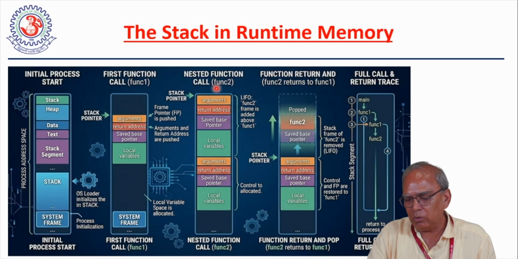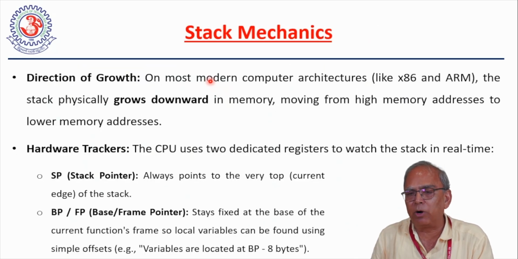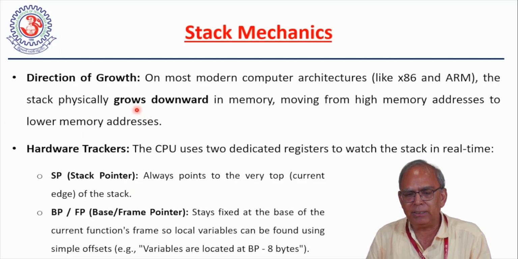On most modern computer architectures, the stack physically grows downwards. Why downwards? Because in the upper areas, some other data structures are stored. So it moves from the high memory addresses to the lower memory addresses, and generally the stack is allowed to move only in the downward direction.